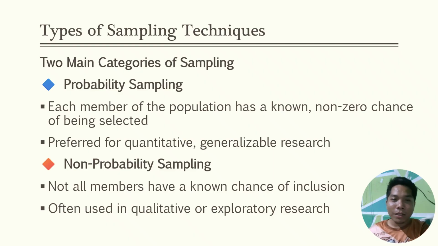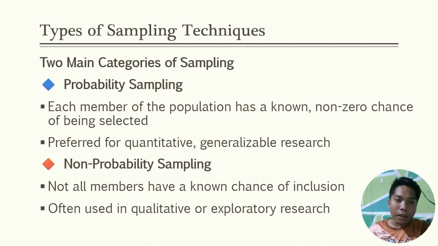When you say probability sampling, every element in the population has a known chance of being a participant or respondent, usually based on random selection. Probability sampling is preferably used if you want to have a quantitative study since it generalizes the data to the whole population.